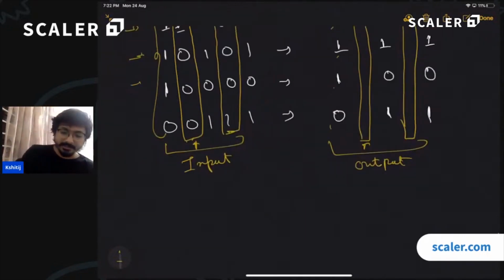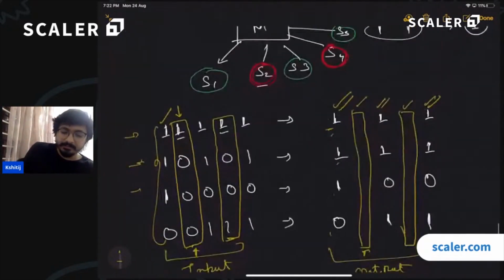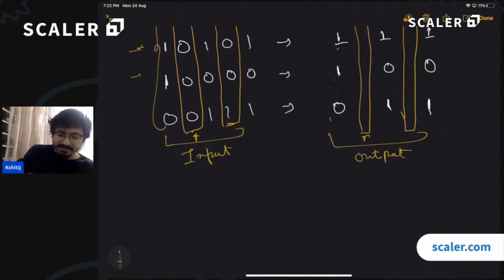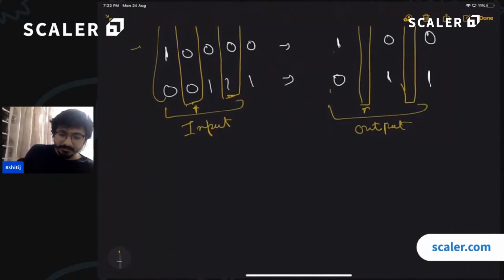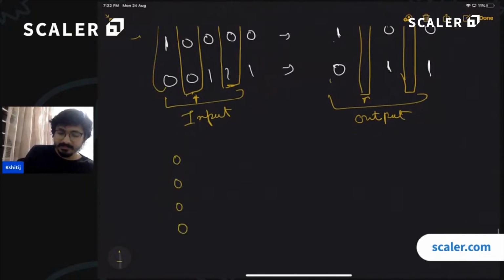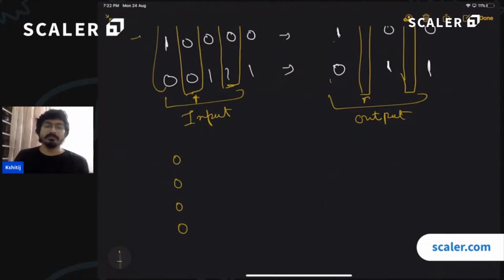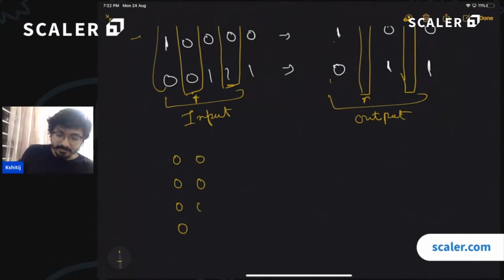So for example, if I number these slaves from 0 to 4, and now I give the input such that the first column is always going to have all 0 values. Then the second column is always going to have values in this order.